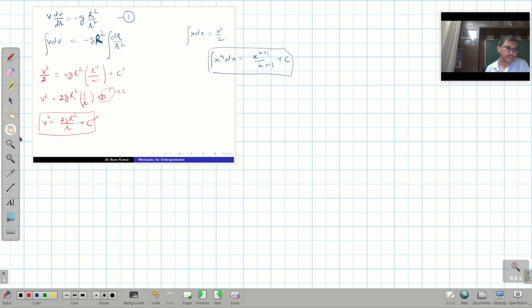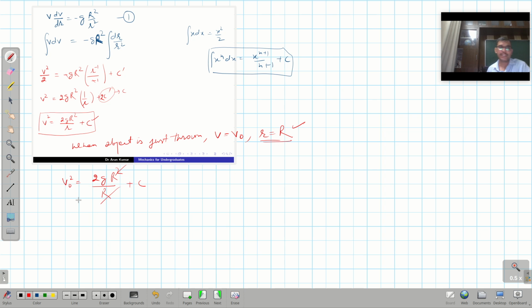So let us recall the initial conditions. When the object is just thrown, let its velocity of projection be v naught, and at this point small r is basically equal to the radius of earth. So that means v naught square is equal to 2gR square over R plus c. We have applied this condition here, this R will cancel out with it.